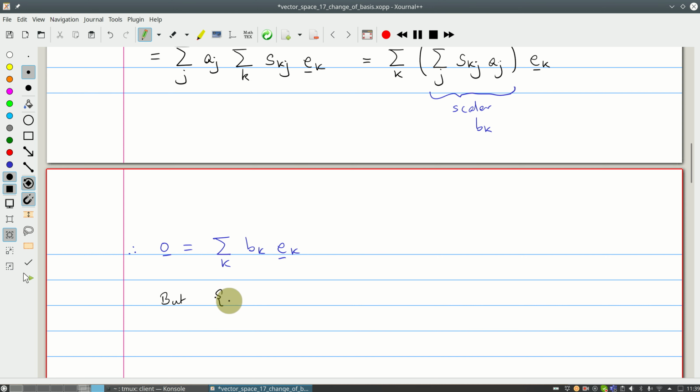But the set of vectors e_k, or e_i, doesn't matter, is linearly independent. This was given to us. Therefore, the only way that can happen is if each of the b_k's is 0 for all k.